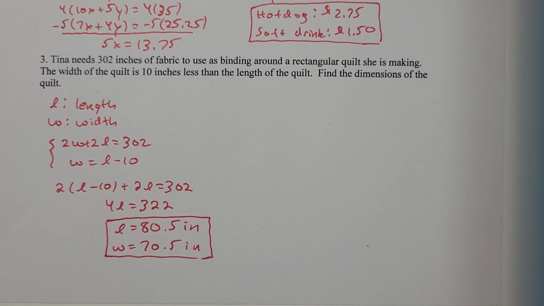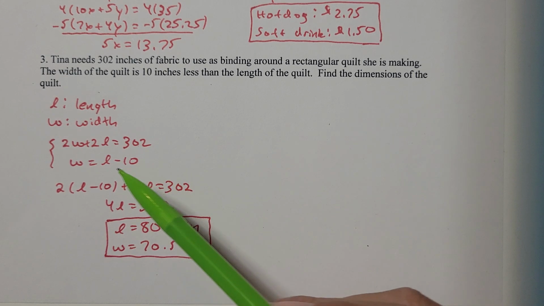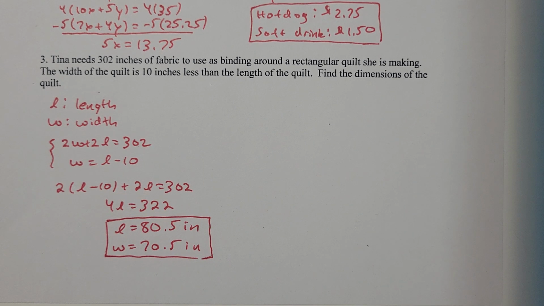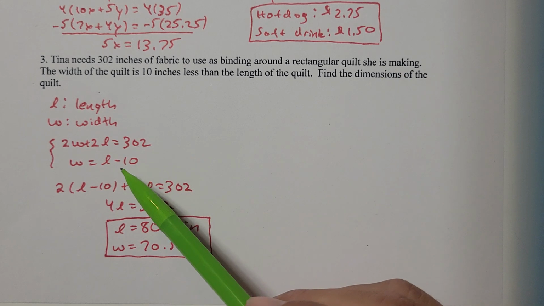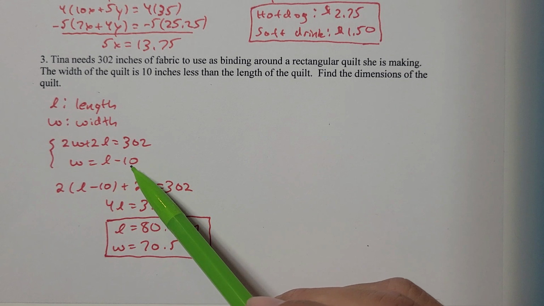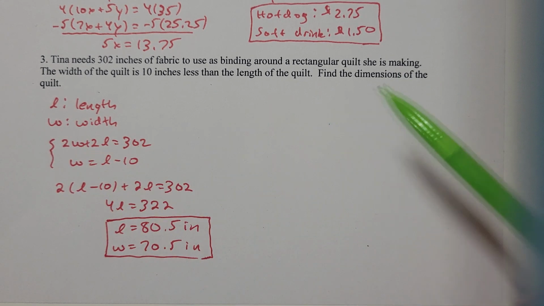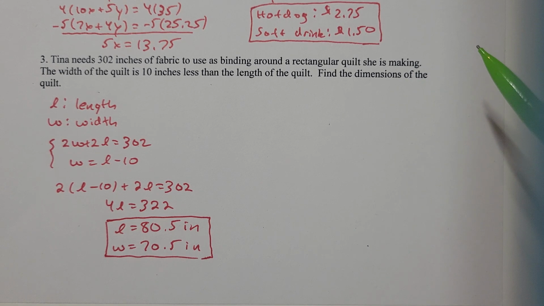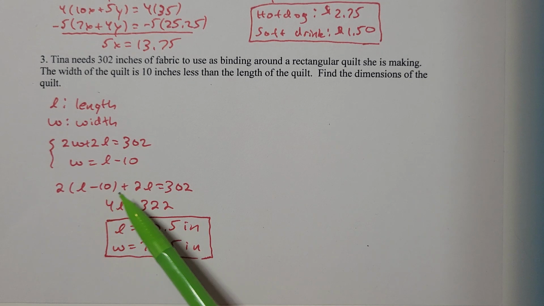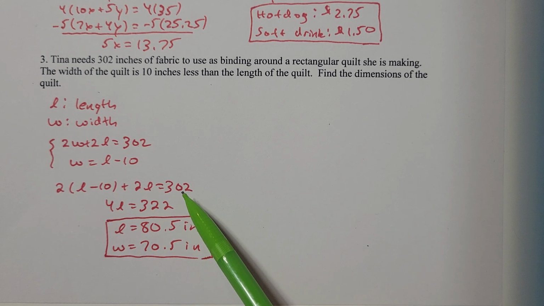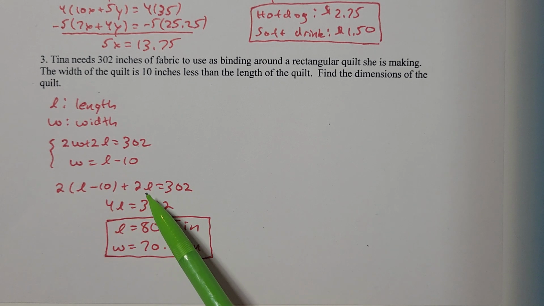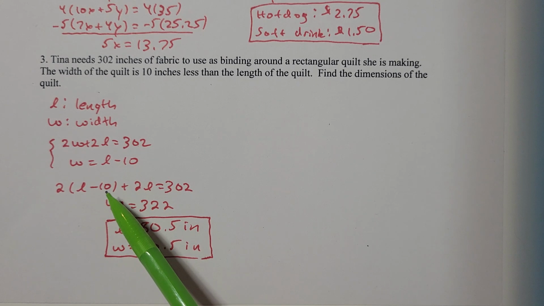So let's use the substitution method to solve this, because I've already got the second equation solved for W there, right? So let's go ahead and replace L minus 10 into the top equation where we see W. Then that way everything is in terms of L. So I got 2 times L minus 10 plus 2L equals 302. 2L and 2L is 4L minus 20.